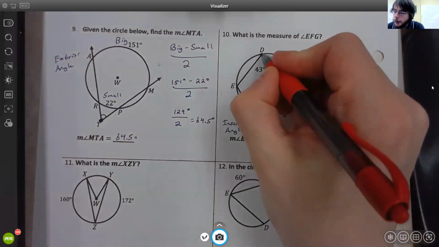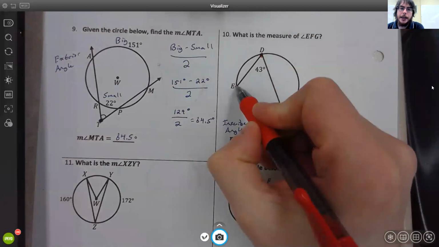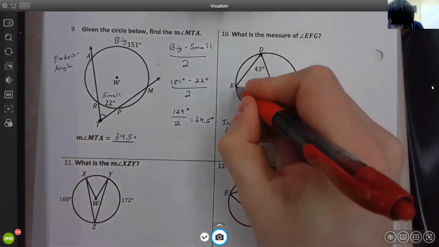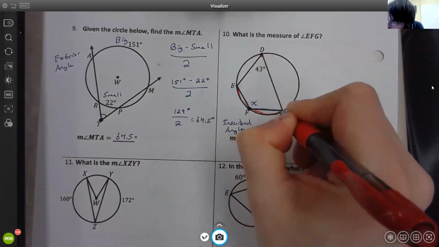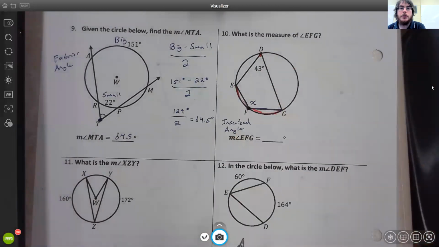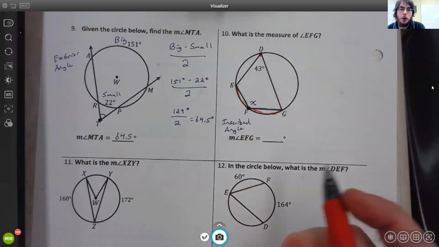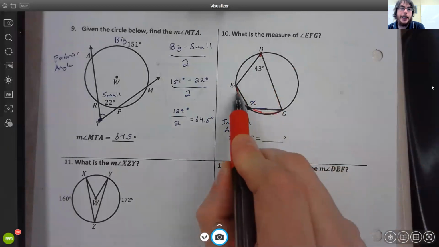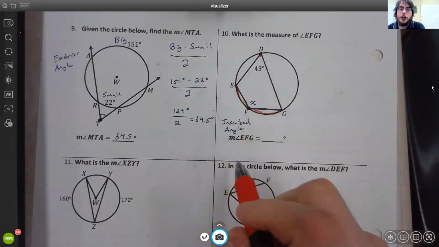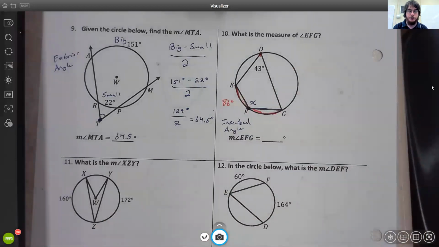It is also an inscribed angle, which means the arc it intercepts is equal to double what the angle is. Because the angle is half the arc, so the arc has to be double what the angle is. So it intercepts arc EFG. And if we double 43, we end up with that one being 86 degrees.